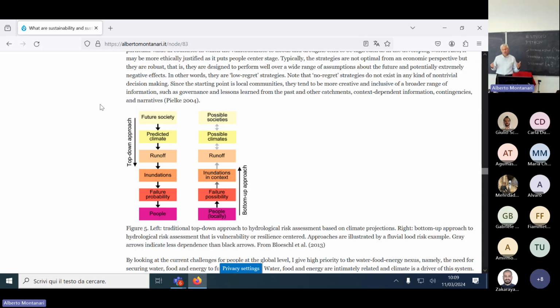And if you want to design a water supply project in order to meet these future demands, very often it's hardly sustainable because it means that you have to take a lot of water from the environment. So the proposed solution is, okay, let's focus on the areas where water is already scarce. Let's solve the current problem, and then let's test the solution against the socioeconomic development by taking into account uncertainty.